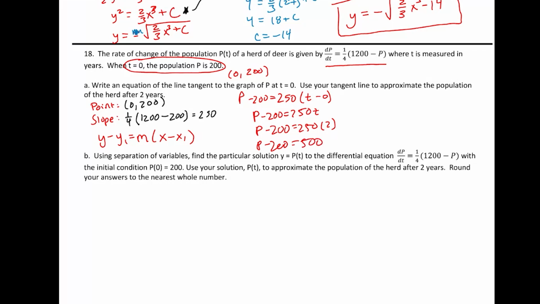And if I add 200 to both sides, 500 plus 200 is 700. So this is my approximation. The population at 2 years, so P of 2, should be approximately equal to 700.